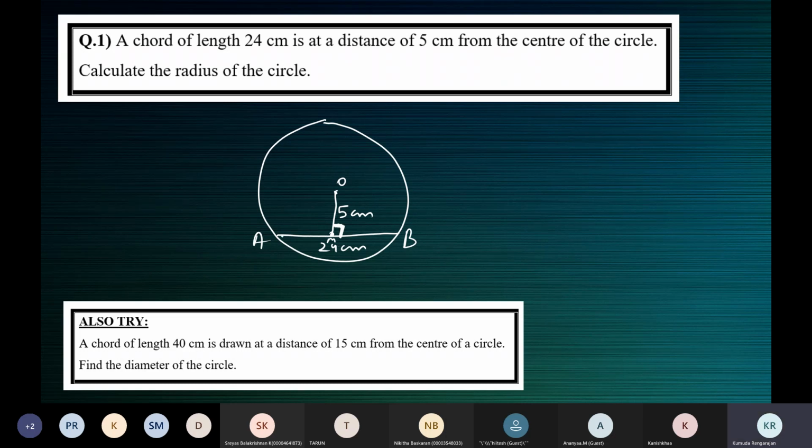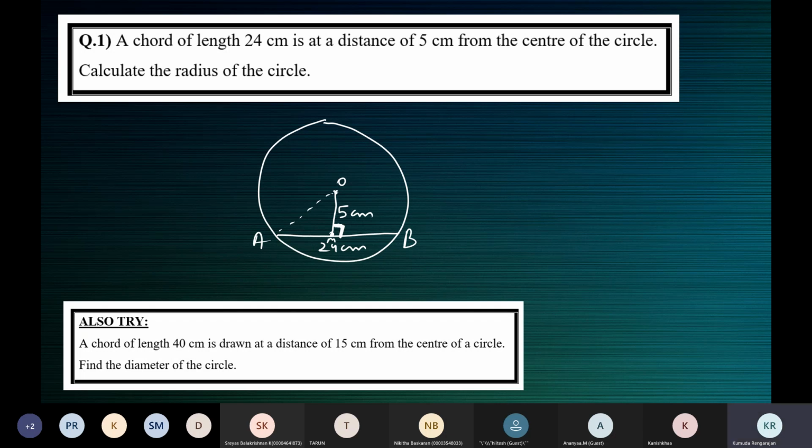Calculate the radius of the circle. You can either join OA or join OB, any one. You just need a triangle. You can join OA to find the radius OA, or you can join OB, where the radius is OB.